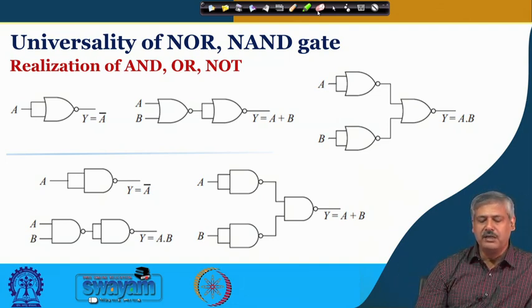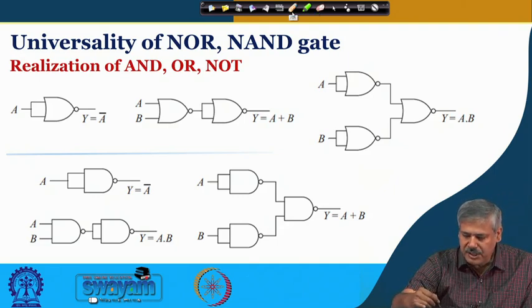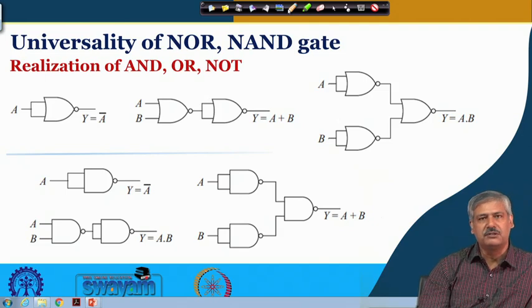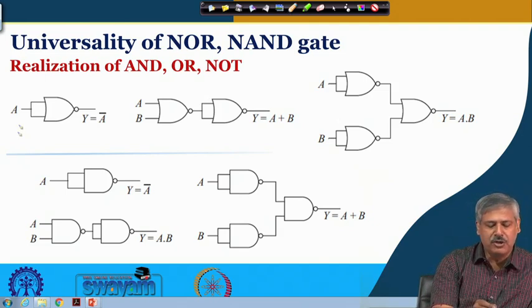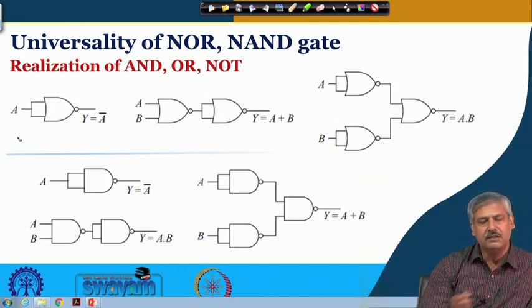How can you achieve it? Let us give some examples of basic Boolean operations. From a NOR gate, if you want to get a NOT operation, you just short both the inputs, and the output will be the inverse of the input.